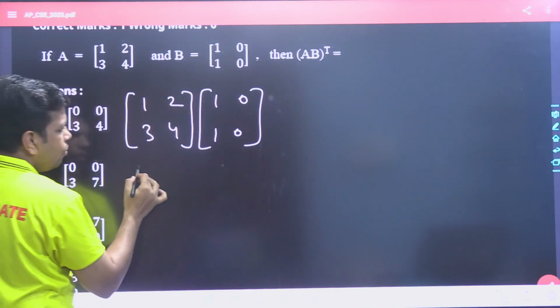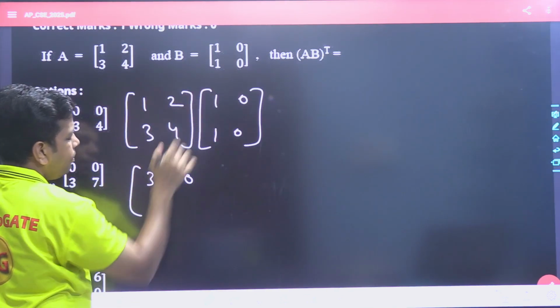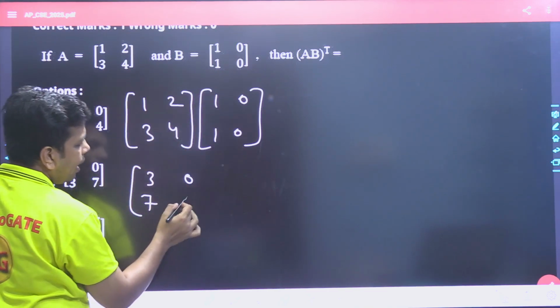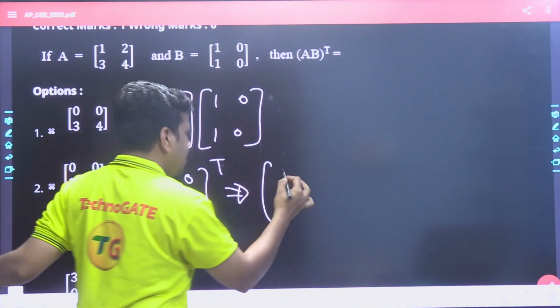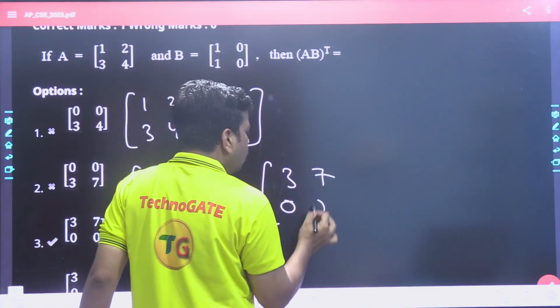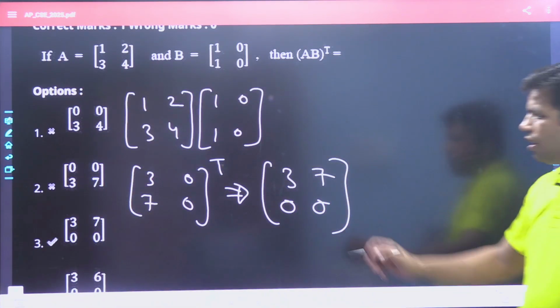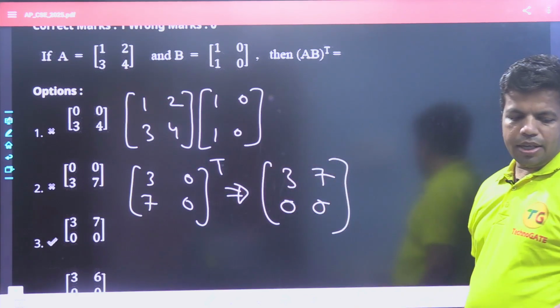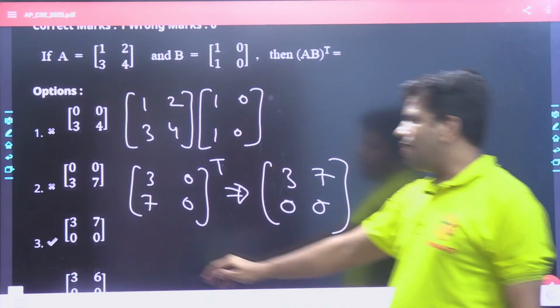Here 1 value, 7 value. Now we need to find the transpose of this, so we change row to column and column to row, like 3 7 0 0. That column is converted to row and row is converted to column. You can go with the third answer.